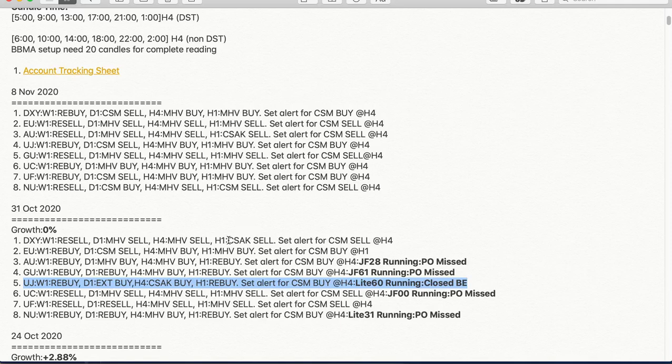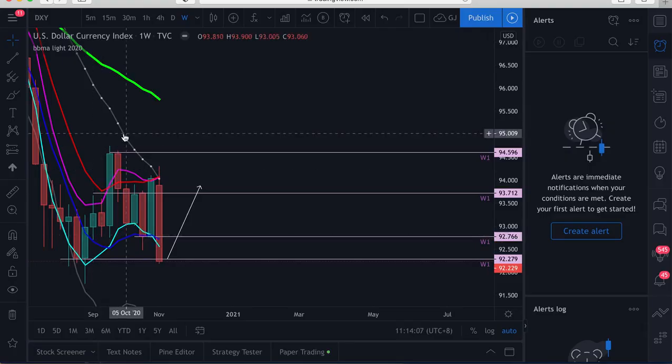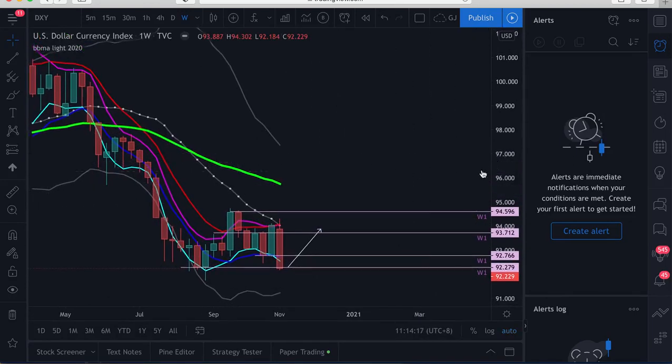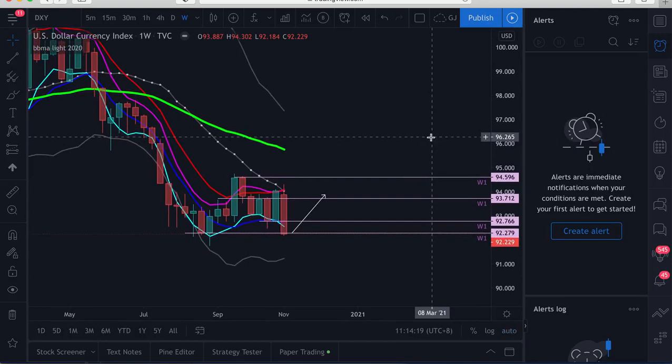Alright, let's look at this week's trade setup. For that, we're going to go to TradingView. As usual, we look at the USD currency index. As you can see, the DXY has dropped significantly last week, and that will make it become a re-entry buy setup for us. So on weekly, the DXY is re-entry buy.